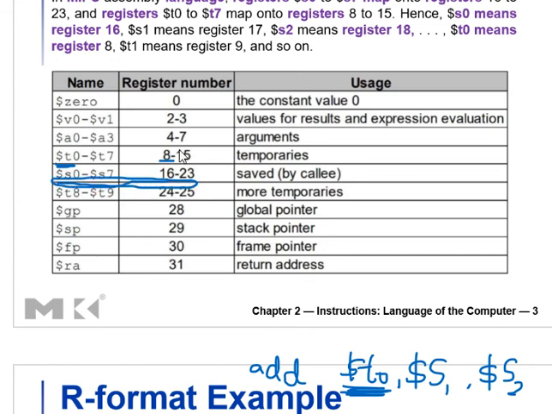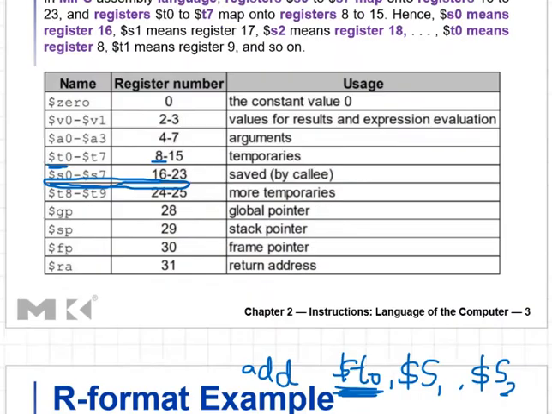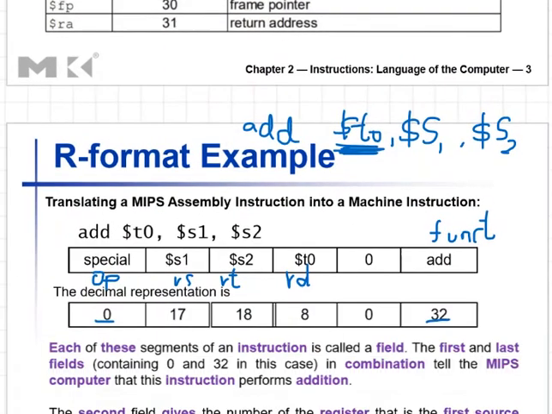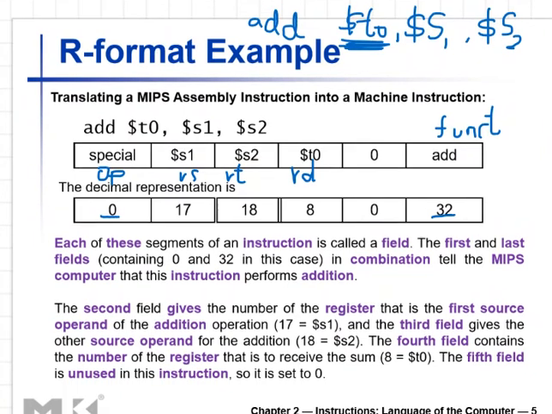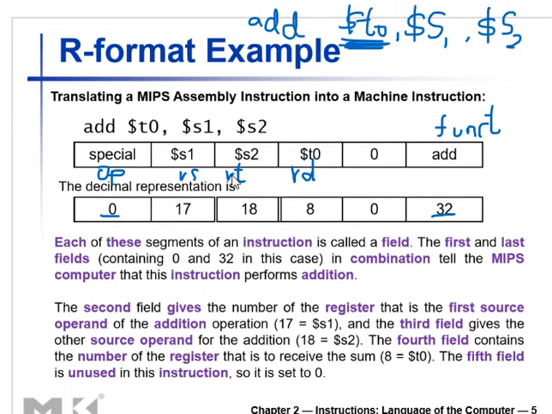Let's remember this. We will come back to this point after a while. So $t0 means 8. Here RD is $t0, so the number is 8.